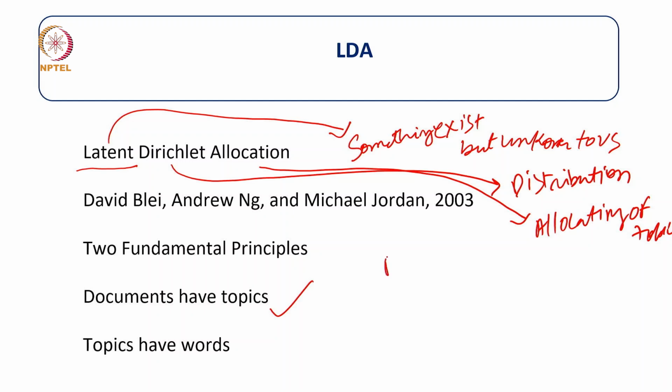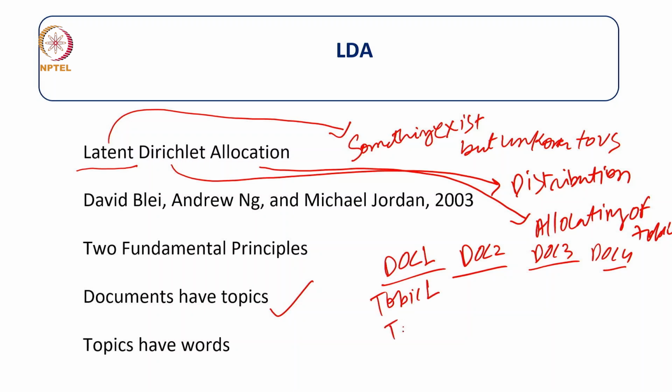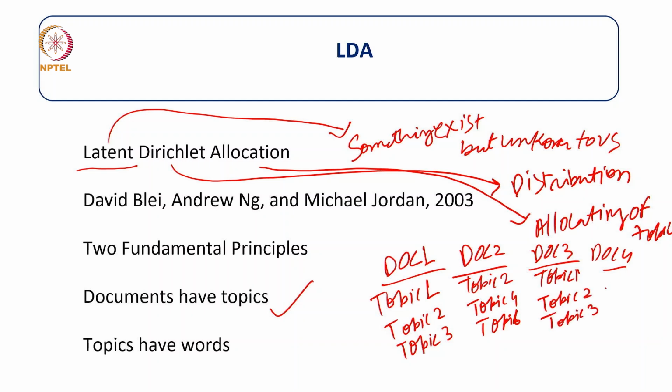You can take, for example, document 1, document 2, document 3, document 4. Each may have topics, like topic 1, topic 2, topic 3, then topic 2, topic 4, topic 6, and topic 1, topic 2, topic 3.